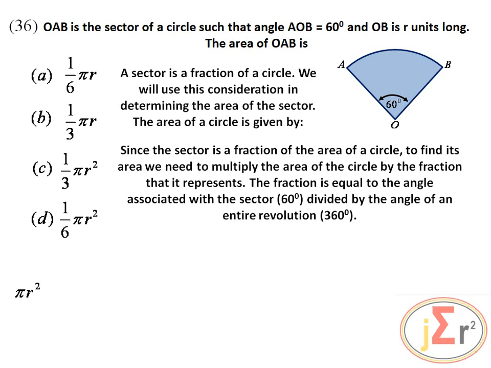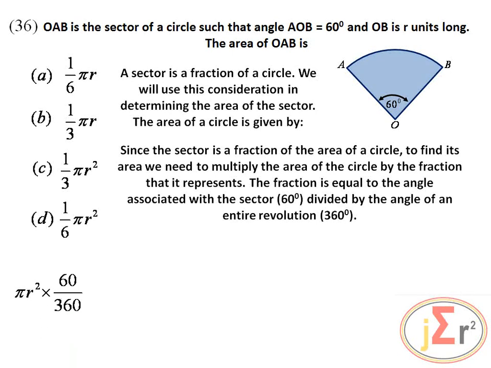The fraction is equal to the angle associated with this sector, which is 60 degrees, divided by the angle of an entire revolution, which is 360 degrees. The fraction is 60 divided by 360. The angle associated with the sector divided by the angle of an entire revolution.